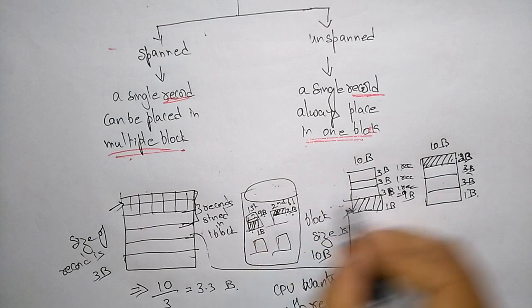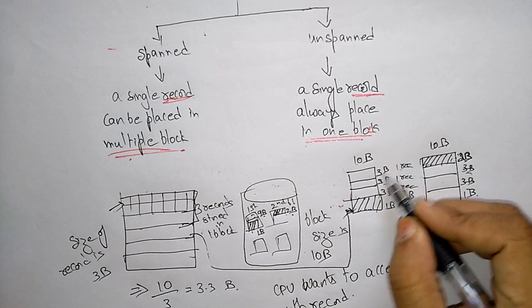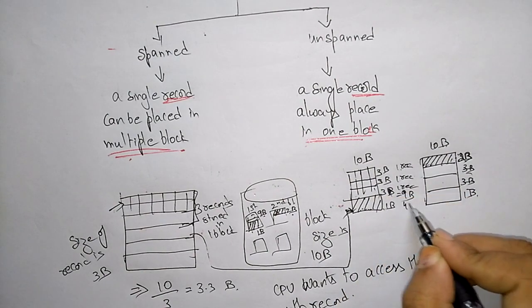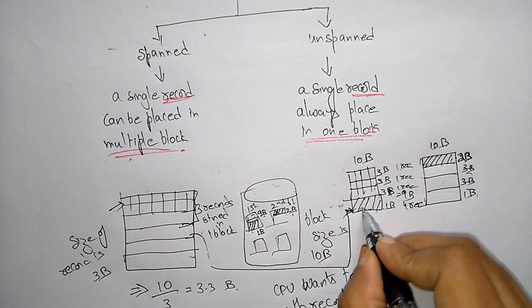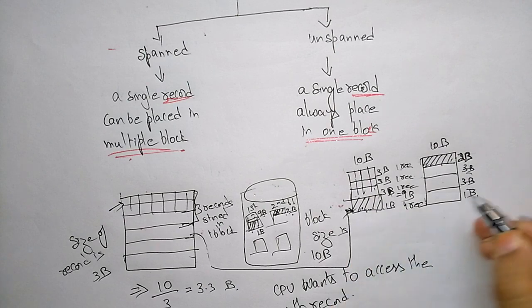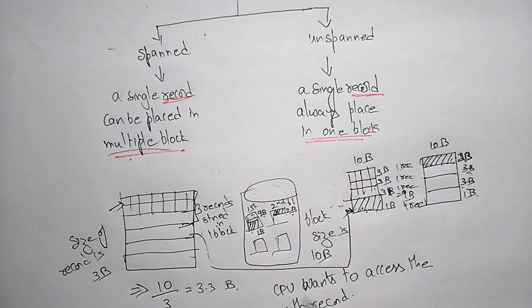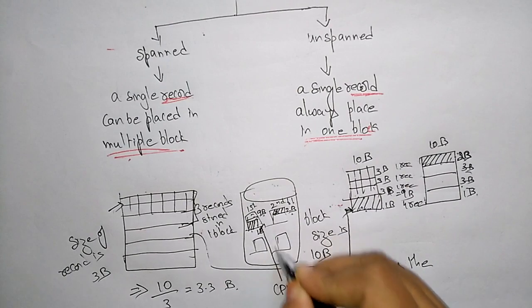Here 9 bytes means a total of 3 records are stored in one block, so the 4th record has 1 byte in one block and the remaining 2 bytes in another block. So the CPU has to search in 2 blocks to access the 4th record.